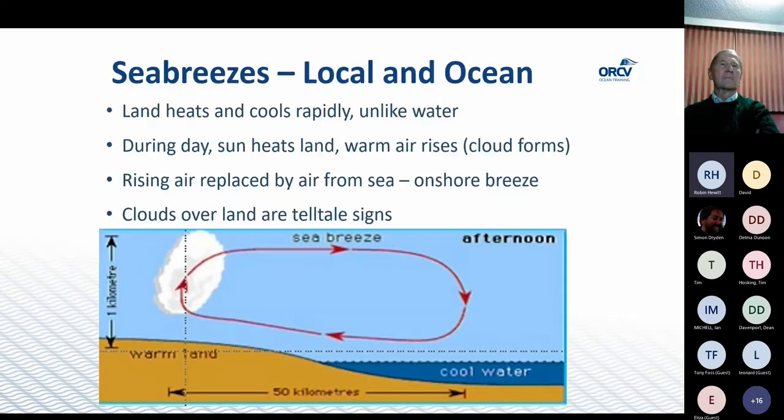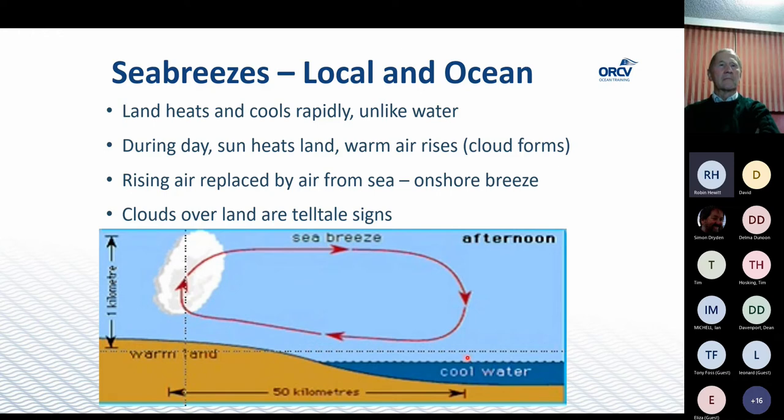On the beach, when that hot sand is heating the air in contact with it, the hot air rises and goes aloft, and other air has to come and take the place of the air that's risen. And the coolest air that wants to hug the surface comes from the water.